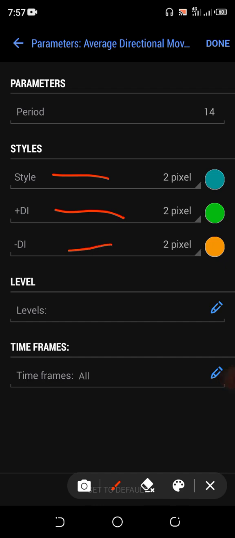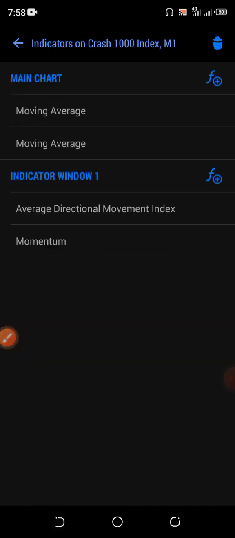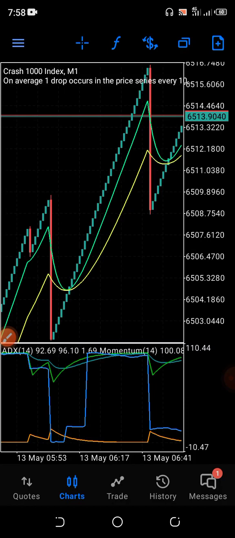So anytime you see this color, remember that is the style, which is the general background color, which is showing the signal move. And we'll have plus and the minus, which is this green and this yellow or orange color, whatever you may call it. Now let's go to the market.